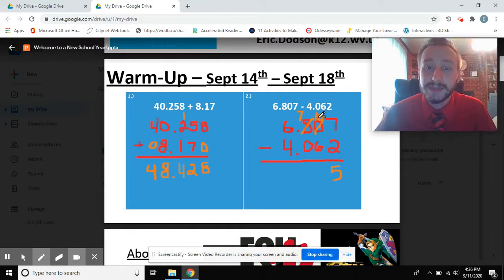So now we want to do 10 minus 6, which is 4. 7 minus nothing is just 7. Bring down your decimal. And then do 6 minus 4, which is 2. And there's your answer, 2.745.